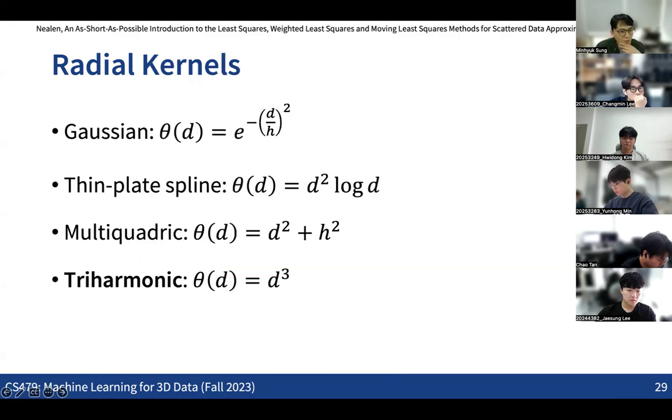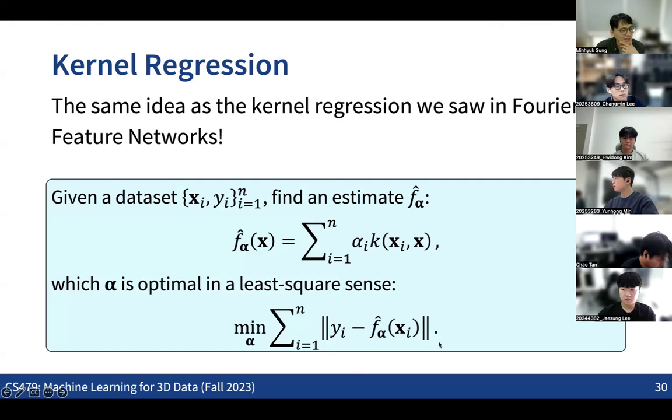Actually, if we recall what we discussed in the Fourier feature networks, when we discussed the theoretical aspects of how we can guarantee the impact of the parameters in the Fourier feature networks, we have seen the idea of kernel regression.